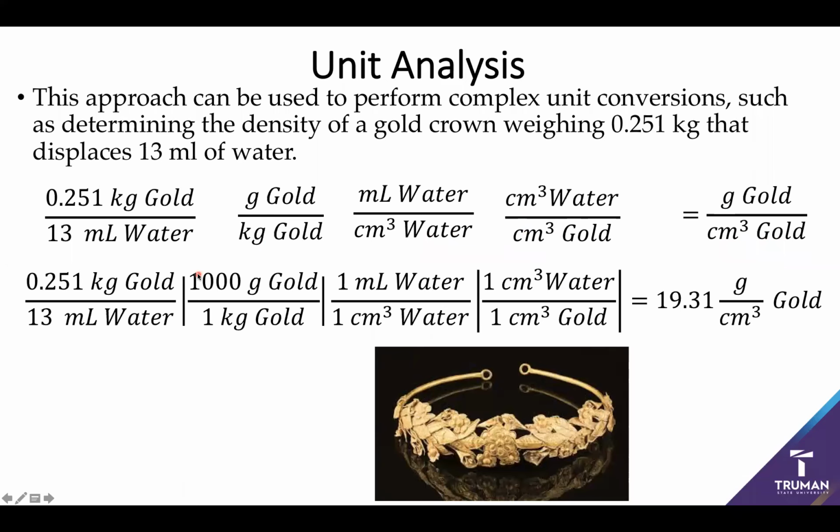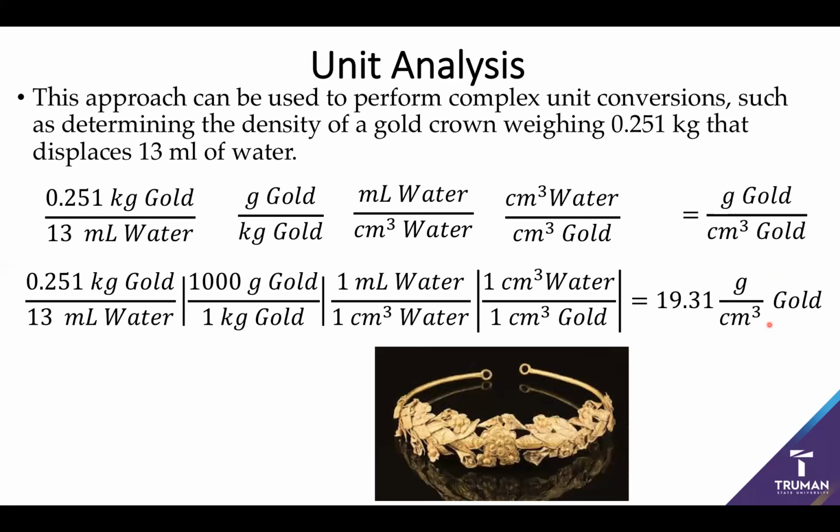So the next thing we do is put in all of the unit conversions. There's 1,000 grams of gold per kilogram, and 1 cubic centimeter is the same thing as 1 milliliter. And as I said, the cubic centimeters of the two substances are equal. This gives us a final answer of about 19.31 grams per cubic centimeter.